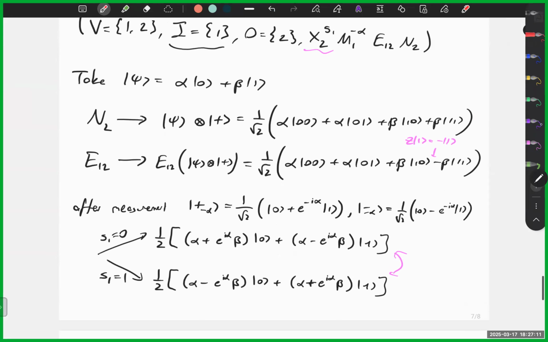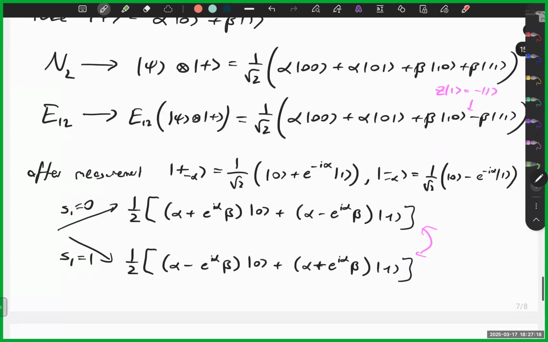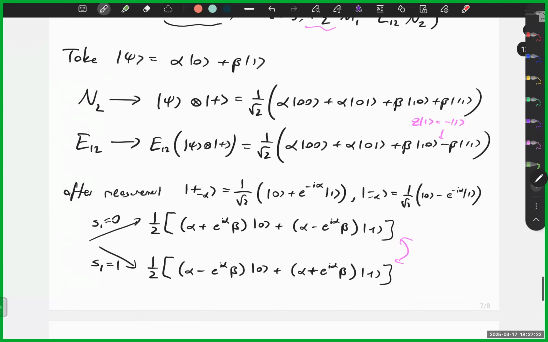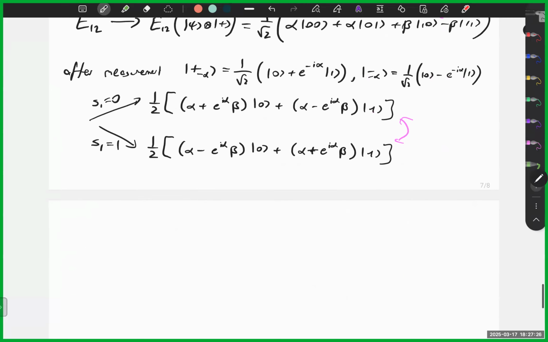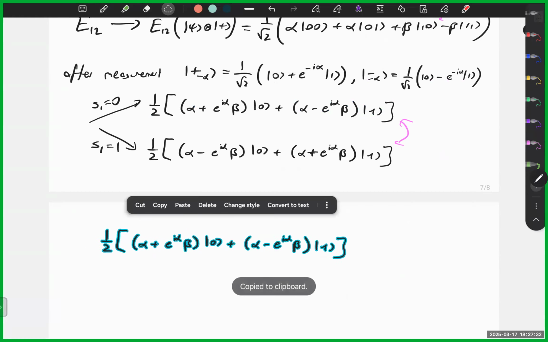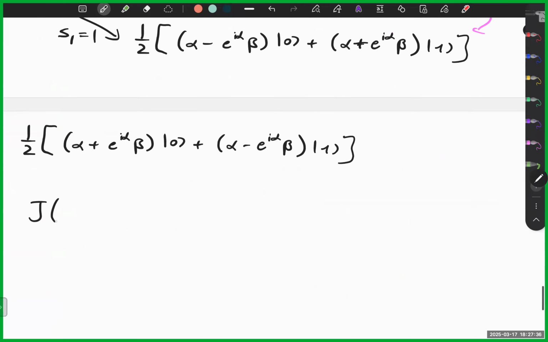So it applies to the second qubit. So it is now the second qubit. And it basically changes, the applying x will change 0 and 1. So we are going to have this state at the end with certainty.